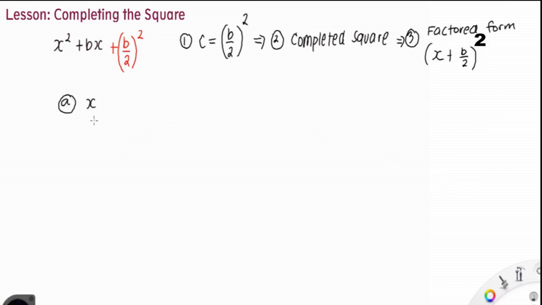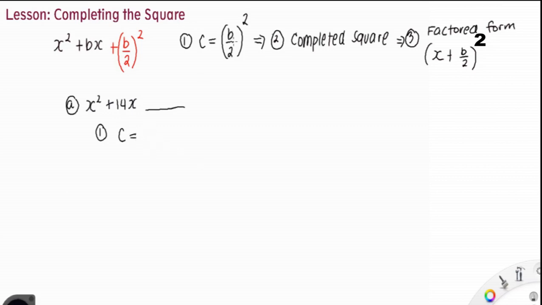Now, for the first example, we have this expression x squared plus 14x, and then we have this blank. Okay, so three simple steps. First, you must get the third term. So we have here the first step, the c value.